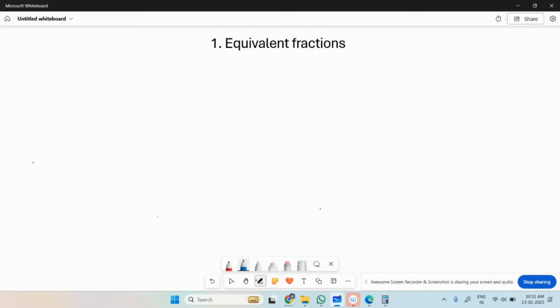Now let's see how to find an equivalent fraction for a given fraction. Let's say the fraction is 2 upon 7. When we multiply the numerator and the denominator of a fraction by the same non-zero number, non-zero number means any number apart from 0, we get its equivalent fraction.